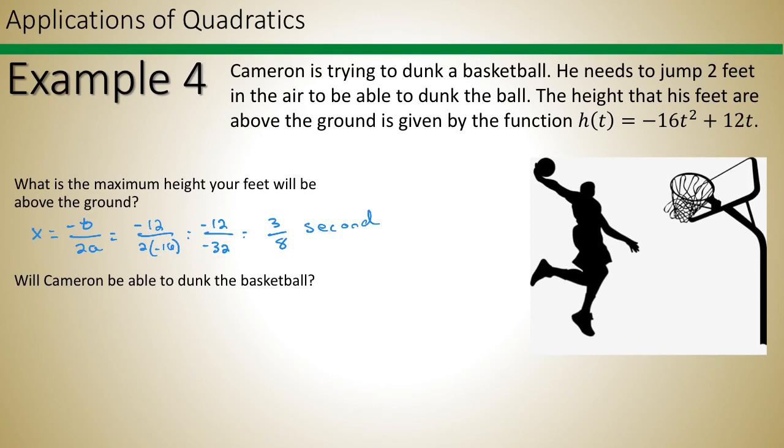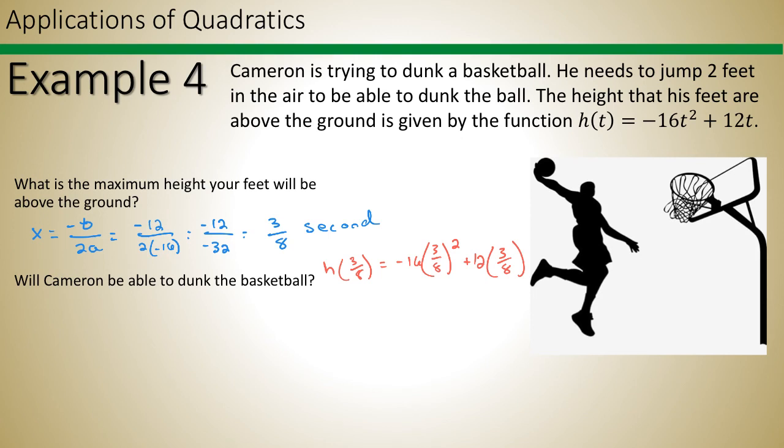All right, so now we're actually going to find that maximum height. So we're going to take that 3/8, sub it into our equation. So h of 3/8, and then we're going to do negative 16 times 3/8 squared plus 12 times 3/8.